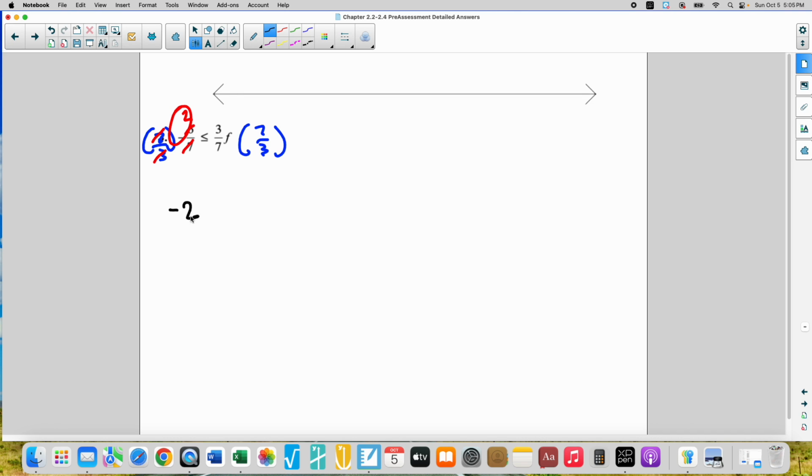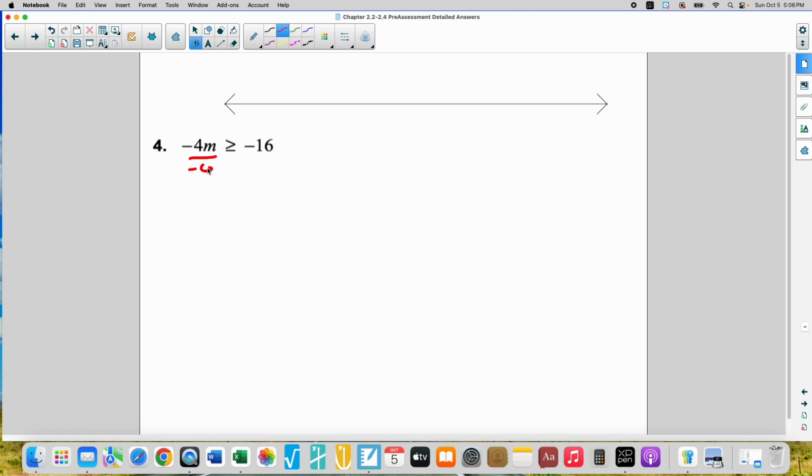So negative 2 is less than or equal to f. We don't flip the inequality sign when we multiply both sides by a positive. Now, I will flip it because I'm rewriting with my variable, and I need it to eat the f. So we have 0, negative 2, closed circle, and greater than goes to the right.